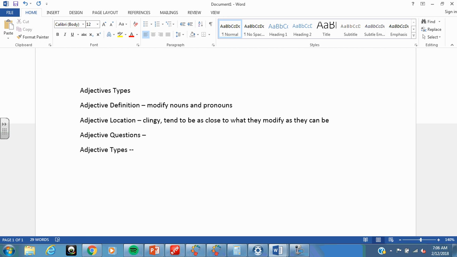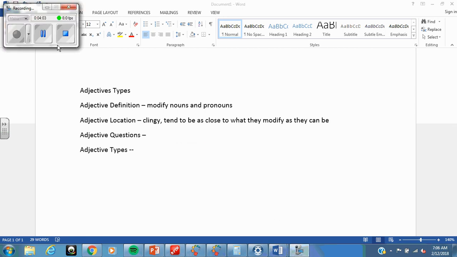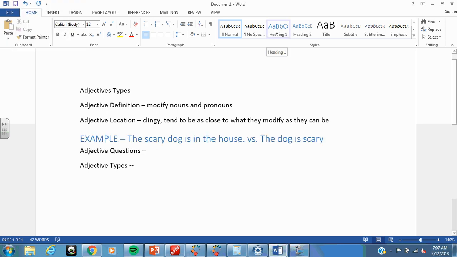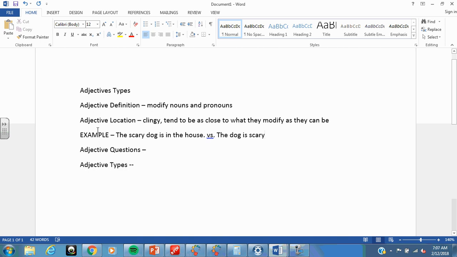Now, there are some times that adjectives can be used as subject complements. For instance, if we remember subject complements, we remember that they come after linking verbs and they refer back to the subject. So if I take a look at the first example, the scary dog is in the house.